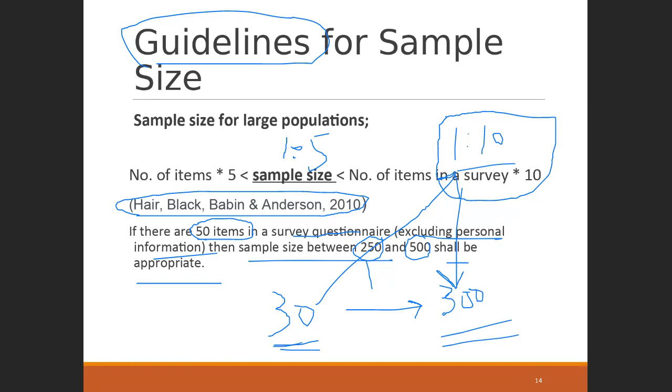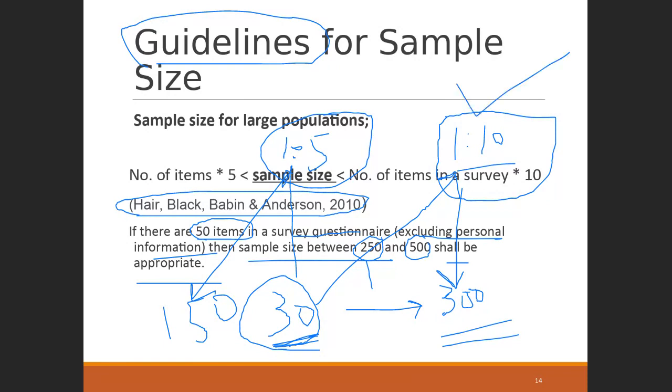Minimum sample size should be 1:5. If for some reasons you are not able to collect data, then at least you should be following the minimum sample size. If you have 30 questions in your questionnaire, then minimum sample size is 150. So I would really suggest that you should go for 1:10.